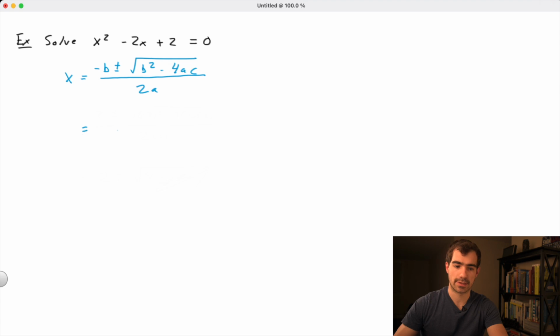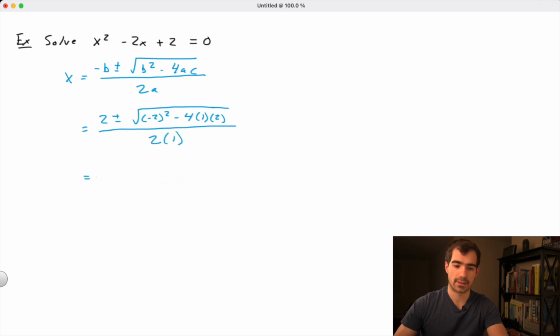Or in this case in particular, -2 for -b, which gives us +2 plus or minus the square root of b, or -2 squared, minus 4 times a, which is 1, times c, which is 2, all divided by 2 times a, or 2 times 1.